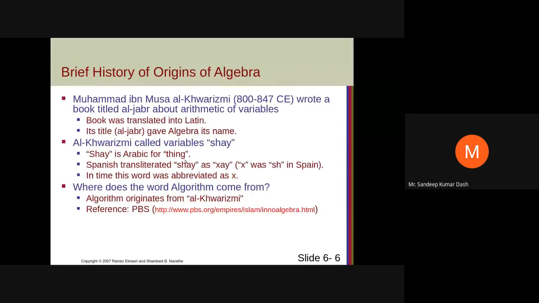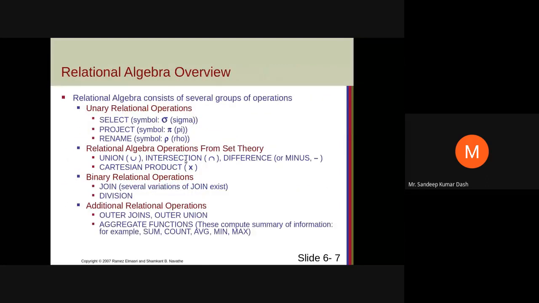So this is the basics of relational algebra, which has these parts: unary relational operation, then operations from set theory, then joins, division, binary operations. Under additional operations, you have these joins, union and outer joins.